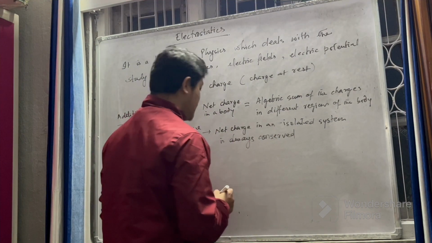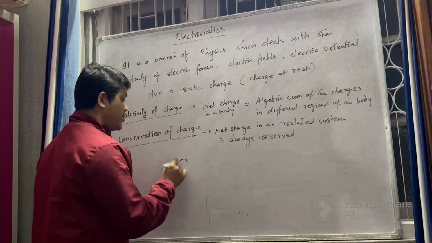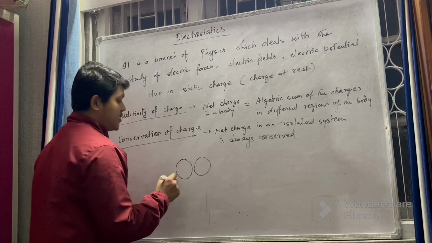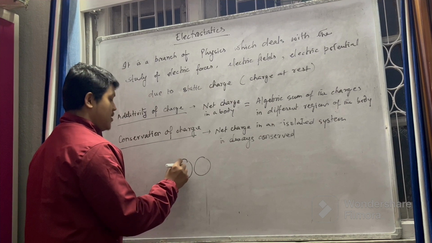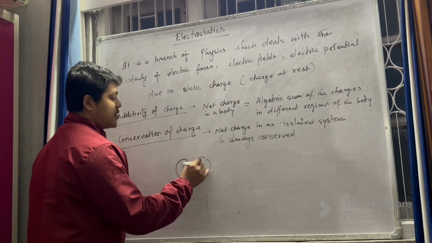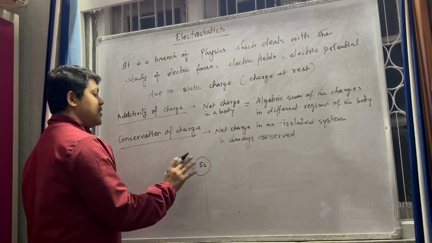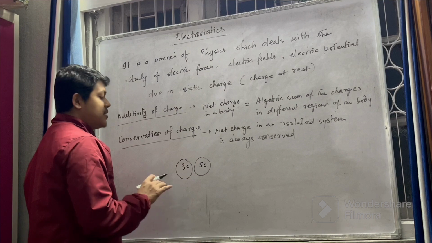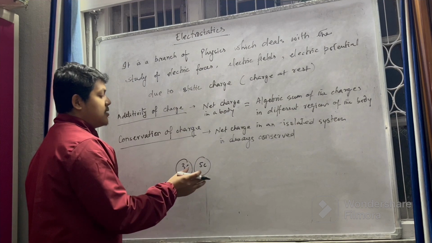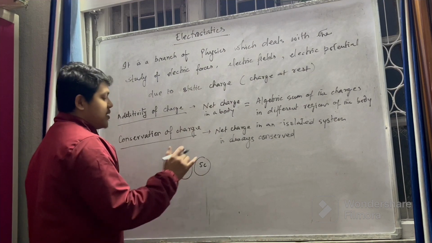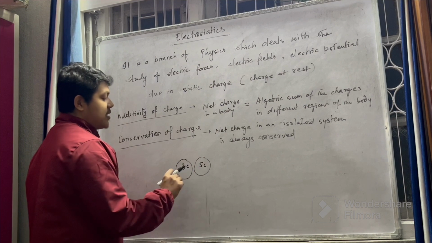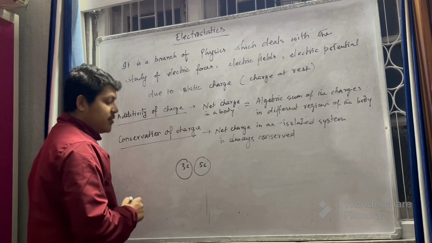Suppose we have two charged bodies. The charge on this one is 3 coulomb, and the charge on this body is 5 coulomb, and these are in an isolated system. That means we are not adding any charges from outside. Transfer of charges takes place between these two bodies only.